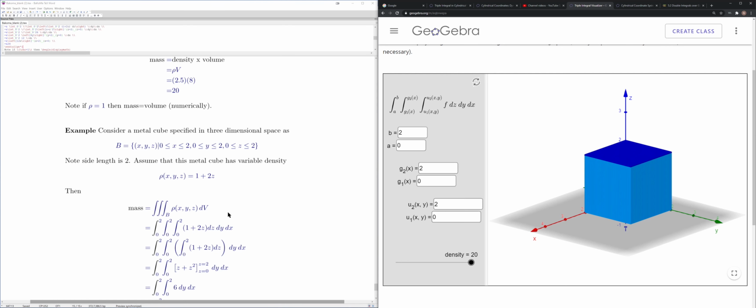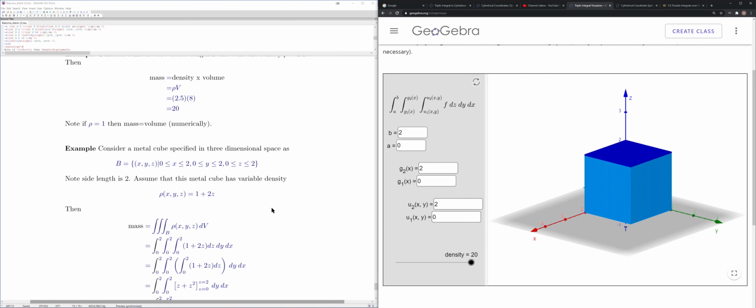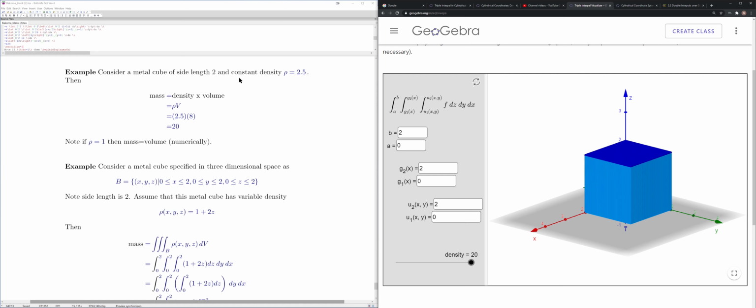If the density function over here is just equal to 1, then when I do a triple integral of the 1 over here, the mass that I'm going to get is actually just going to be equal to the volume. So one more time, in your basic case, when the density is equal to 1, you get that the mass is equal to volume.